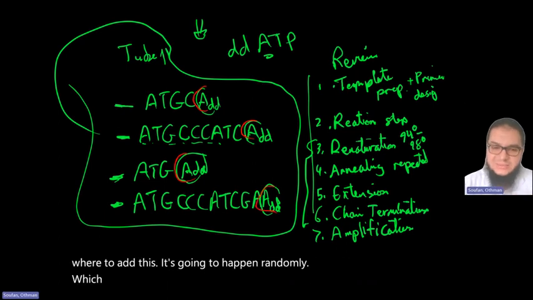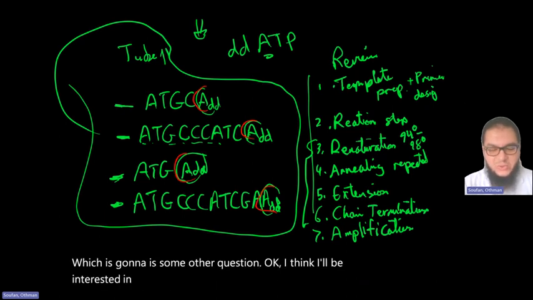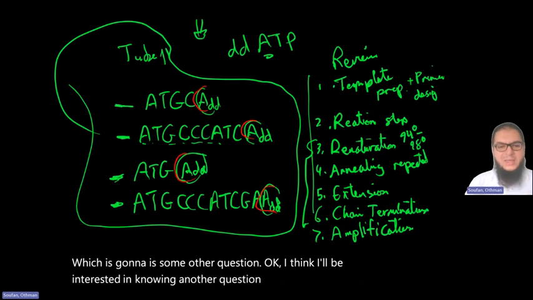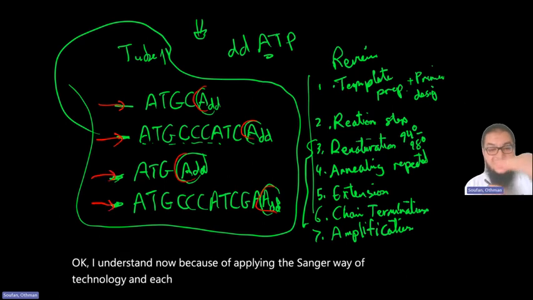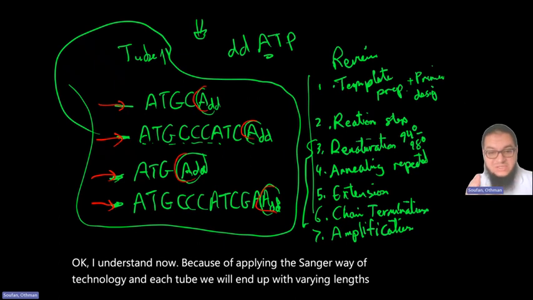which is going to raise some other question, okay? I think I'll be interested in knowing another question, okay? Why? Okay, we understand now that because of applying the Sanger technology, in each tube we will end up with varying lengths of DNA fragments.